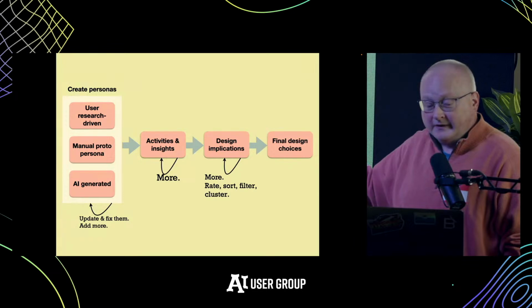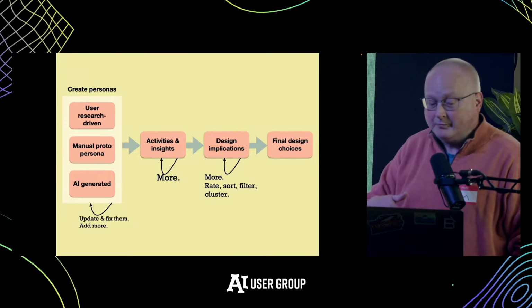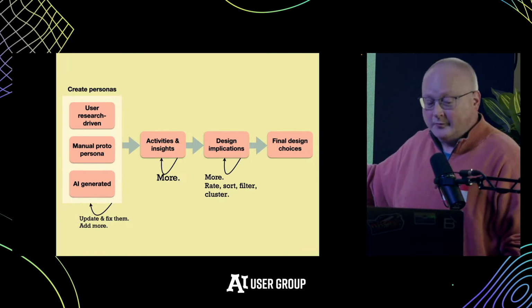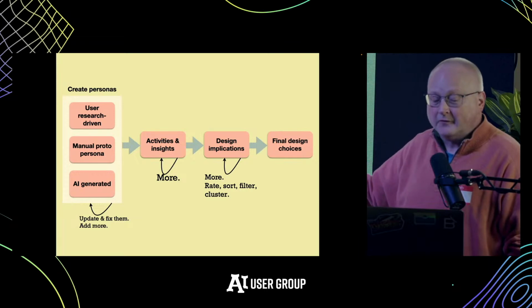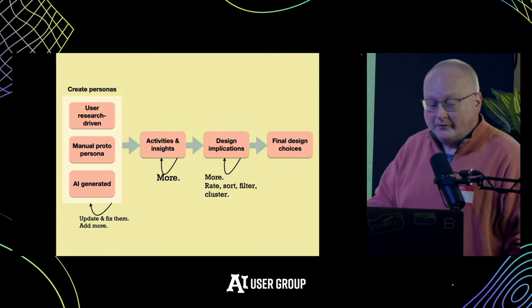And then the last one is AI generated, and I'm going to make the case today that AI generated is really compelling, and it's better than the proto-persona when you just do it manually. You can combine it with user research, so you can do some user research, tell the AI the results, and you'll get even better personas from the AI when you give it the data.